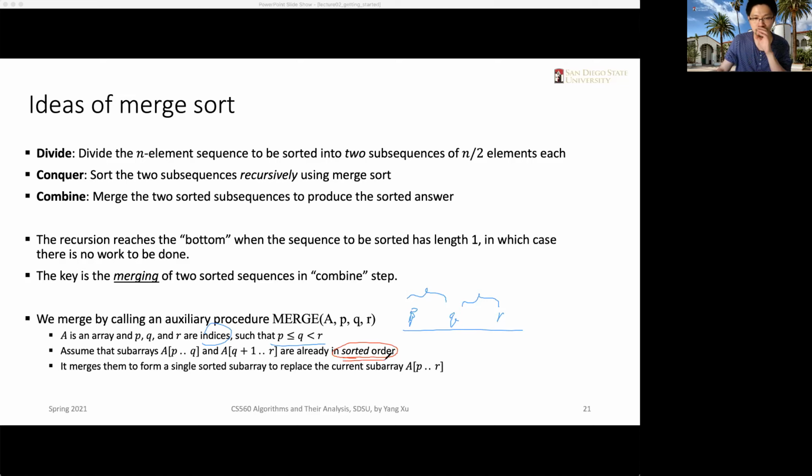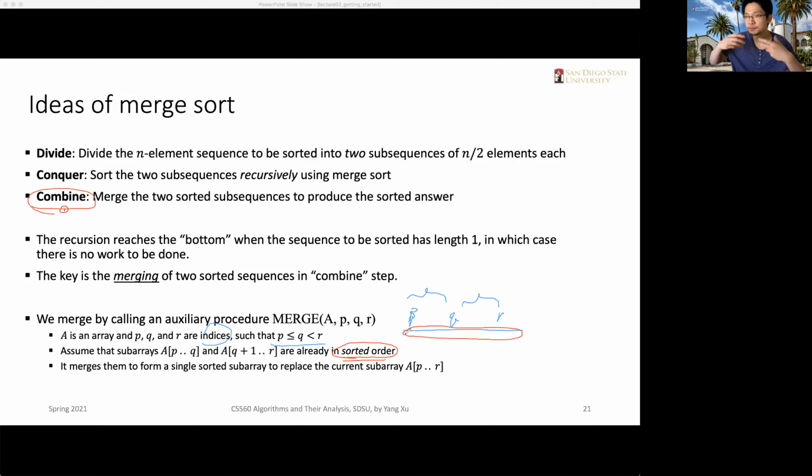We assume that the sub-arrays are already in sorted order, because we are talking about the combine step. The combine step is the third step, after all the sub-problems are already solved. So what this procedure does is merge these 2 segments to replace the current sub-array from P to R. It is an in-place algorithm.